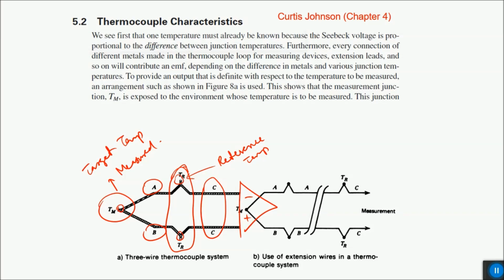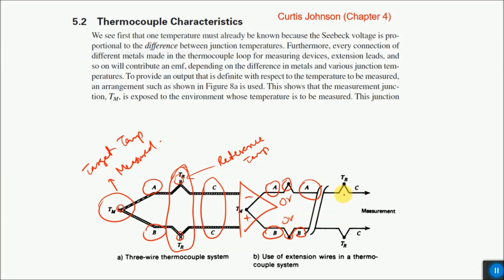If we want extension leads, it is really important that the extension lead connected with material A is made of material A, and the extension lead connected with material B is made of material B, so that this junction is a null junction with 0 volt output, and again this junction is a null junction with 0 volt output.